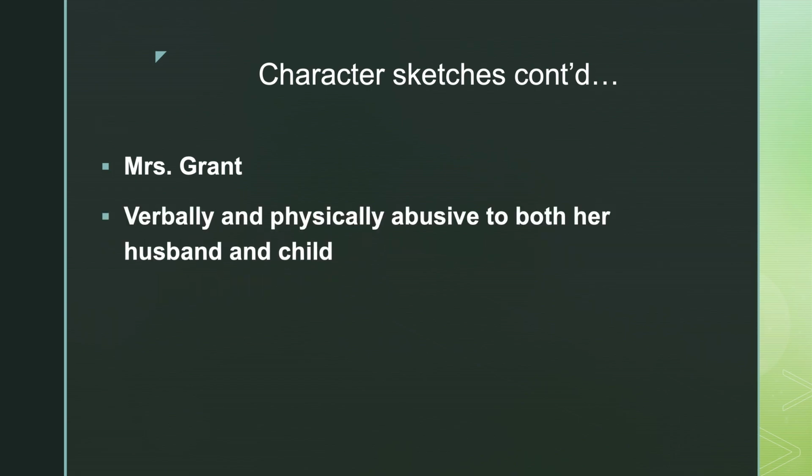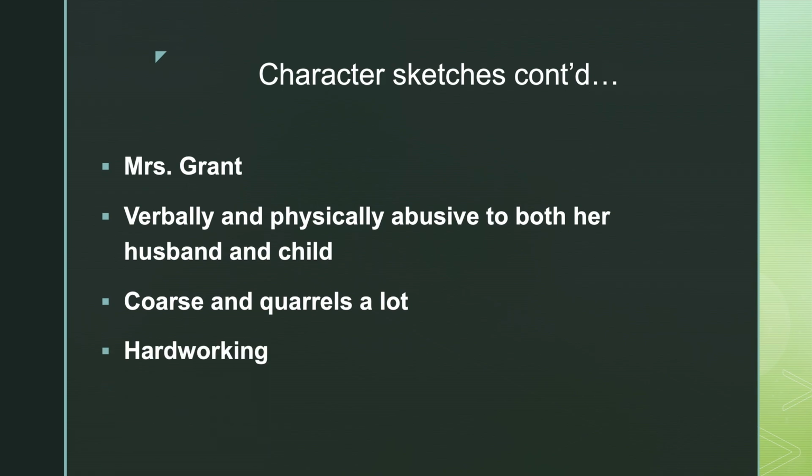For Mrs. Grant, she is verbally and physically abusive to both her husband and child, and we see many instances of that coming out. The way she speaks to both of them, the mere fact that she was flogging Frank, that in and of itself speaks to how abusive she is. She's a very coarse woman, and she quarrels a lot.